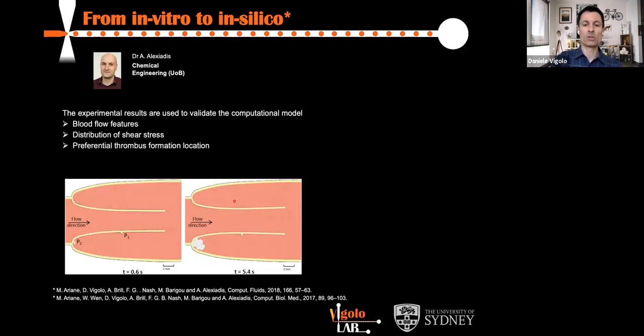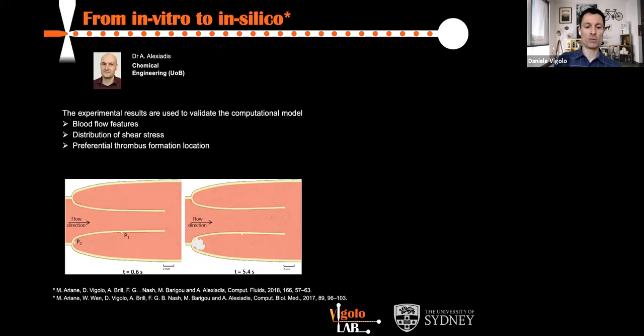everywhere is essentially a particle, and we can control the characteristic of interaction of each particle with each other. And so we can define where the fluid is and where the solid walls are, for example, so the properties of the leaflet. And by doing this, we can allow essentially the valves to open and close and interact with each other. So contact is not a problem. And what we discover with this initial computational model is, for example, that there are preferential locations where a thrombus will grow.